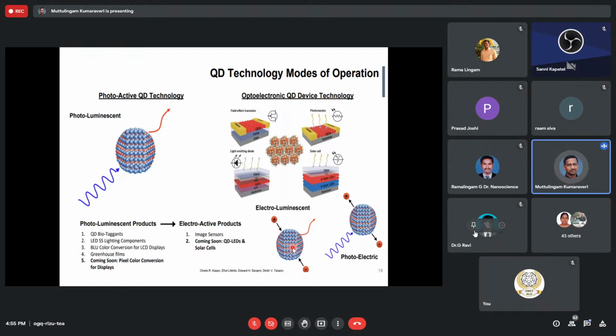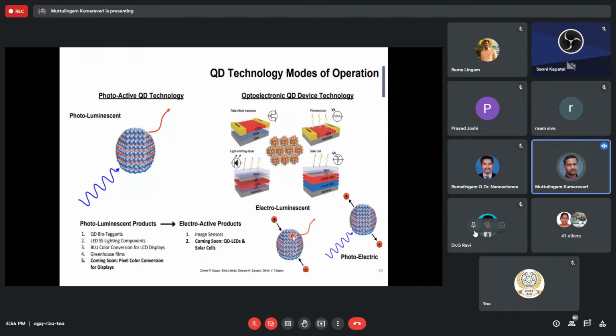I think Ram already talked about it. I'm going to talk in more detail on Thursday, but this is what is happening: holes and electrons meet here, then they emit that color.